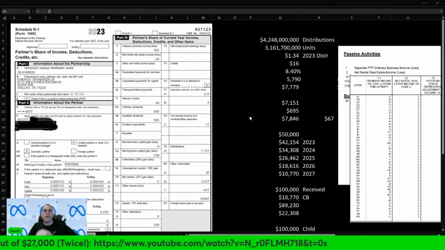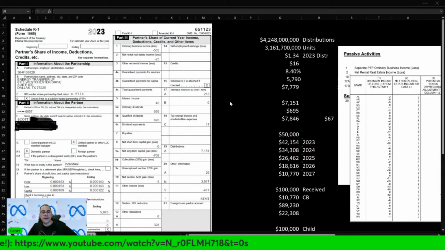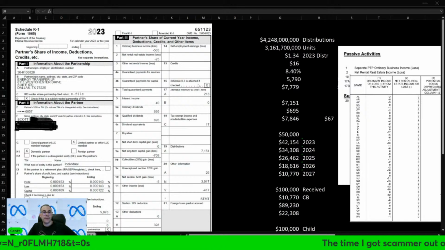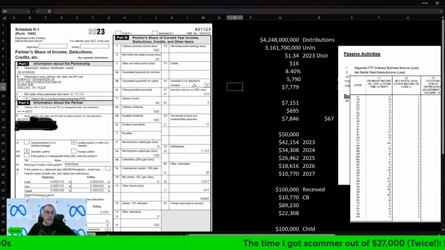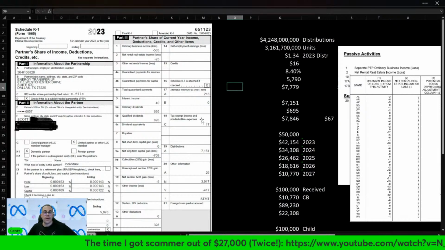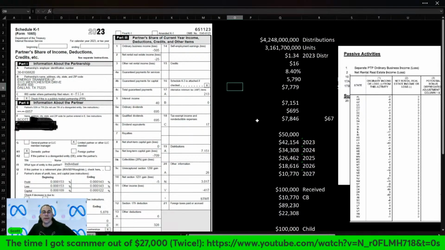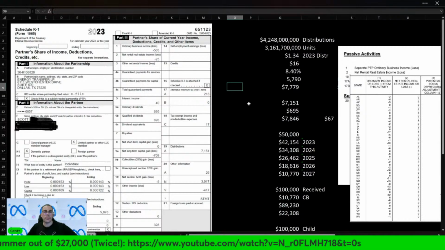And I met with my accountant a few days ago, and I wanted to ask about the taxes for MLPs. And she said most of the taxes you pay are long-term capital gains.